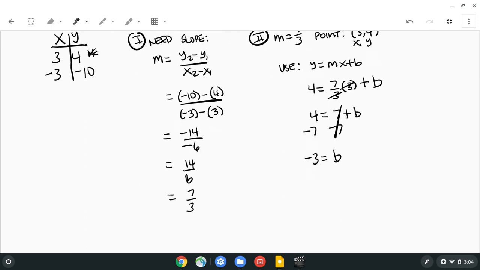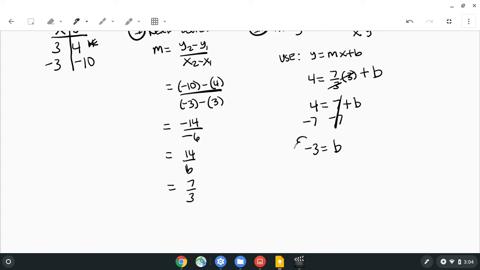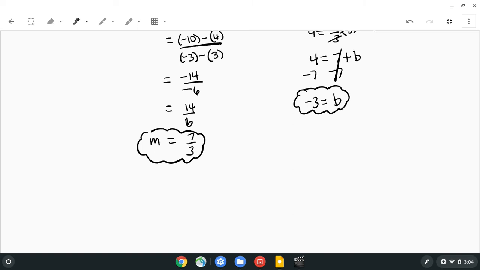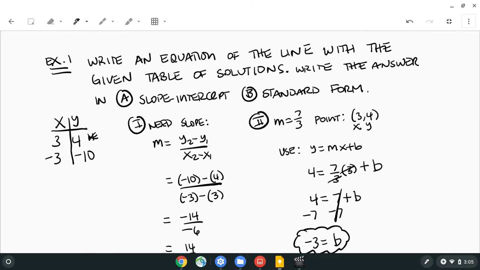So here I have a b value. And here I have an m value. So here are my answers. Slope-intercept form, right? y equals mx plus b, because it says up here, write the answer in A, slope-intercept form. And then B, we'll write it in standard form.